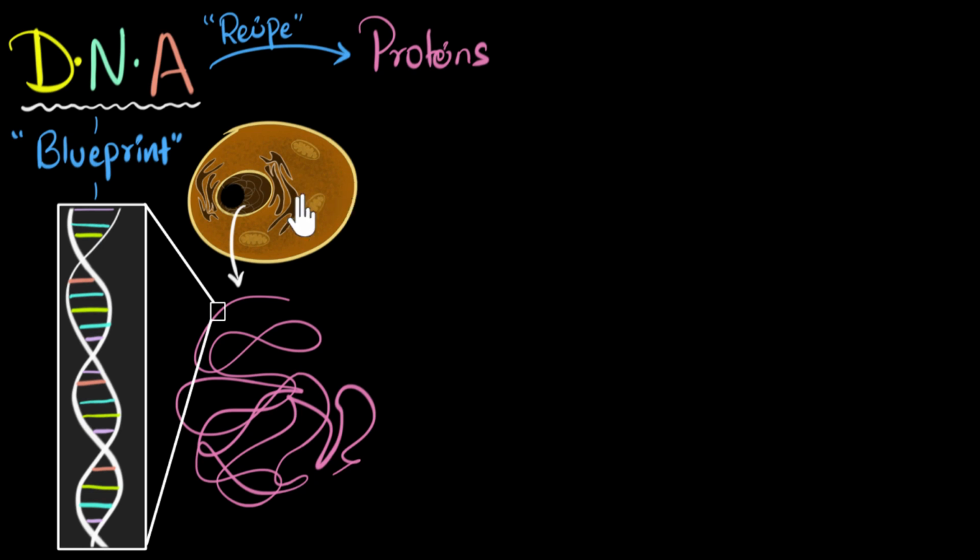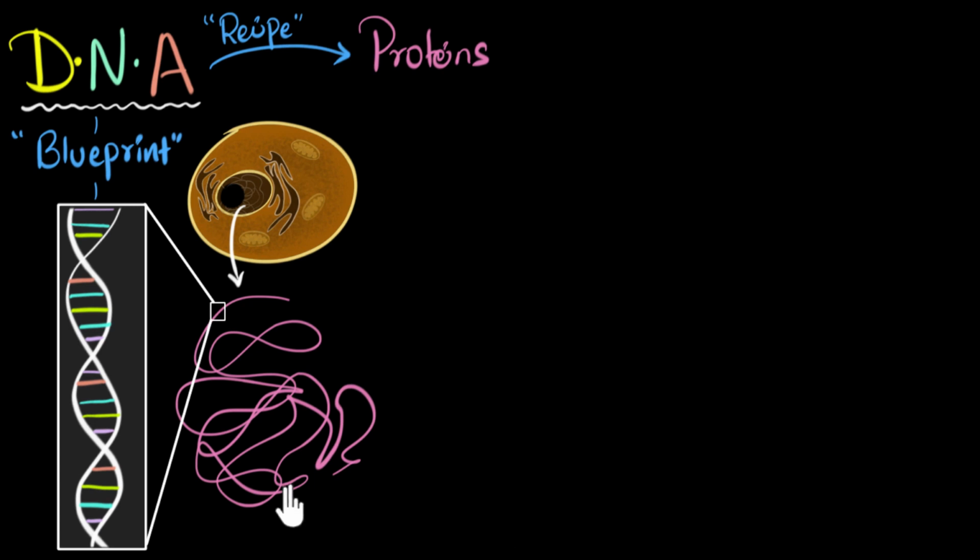And therefore, a human DNA will contain the recipe to build the proteins required for the human body. The cat DNA will contain the recipe to build proteins for a cat body. That's basically how DNA helps the cells in building the proteins required for a particular body, and eventually by building more and more proteins, that entire body can be built.